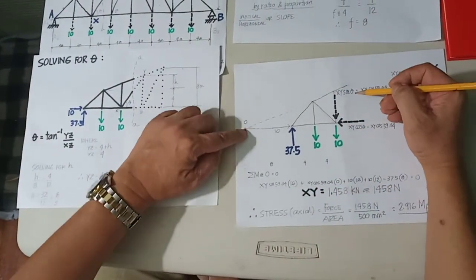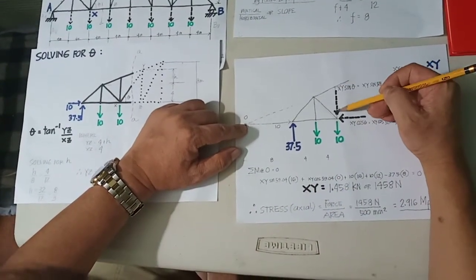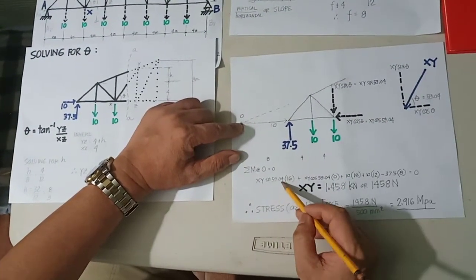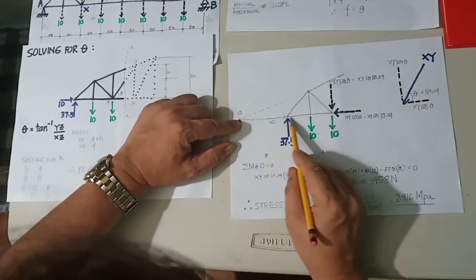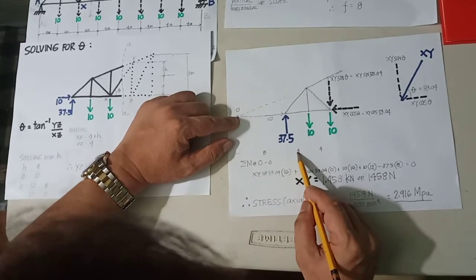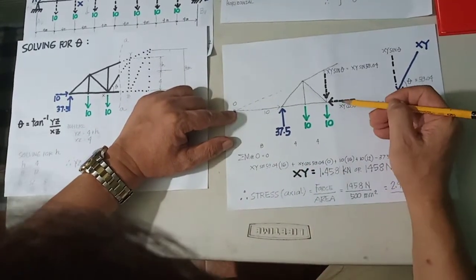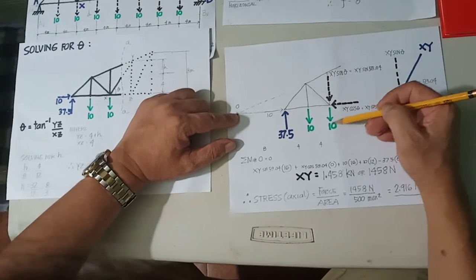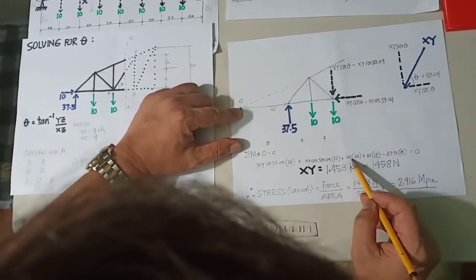Summation of moments at O is equivalent to 0, because this system is in equilibrium. So you have XY sine 59.04, with a lever arm from this point to here of 8 plus 4 plus 4, which is equivalent to 16, going clockwise, and you also have 10 times 16.